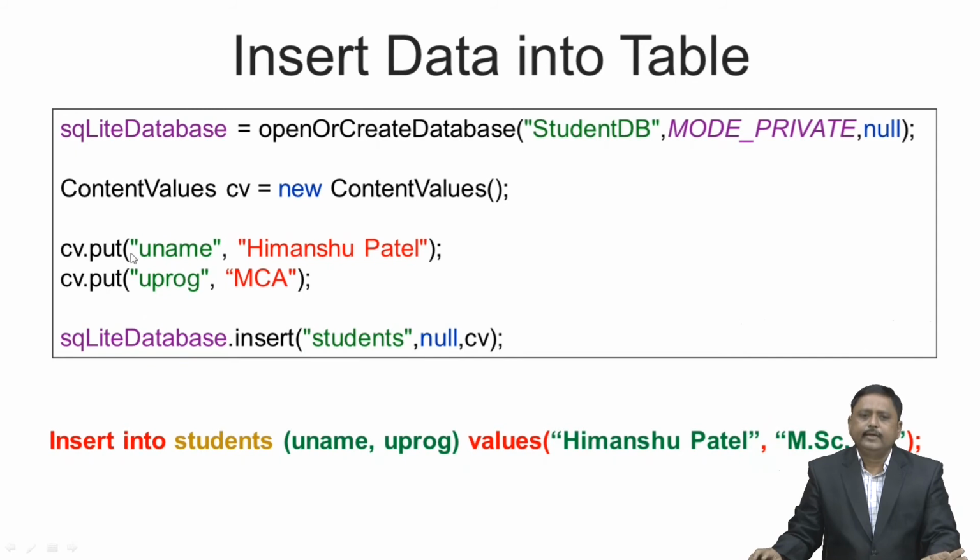This insert query is similar to an SQL query like this: insert into table name, these are the columns, values, and then you have to provide values in order. So the last line is the equivalent SQL statement for inserting data into the table. So this is how we can insert data into a table.